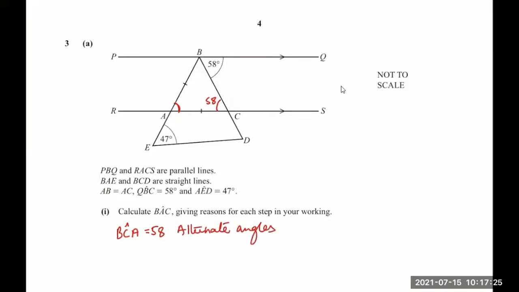Now if this is 58 and I see an isosceles triangle, then I must say that this is also 58. So I'm going to write another explanation. I'm going to say that CBA is also 58 because of the isosceles triangle.